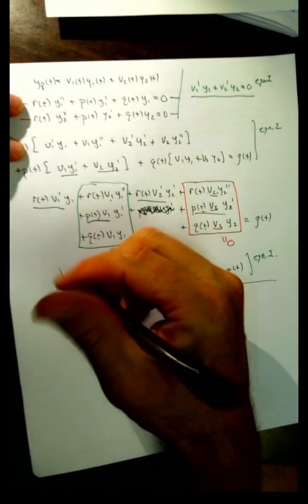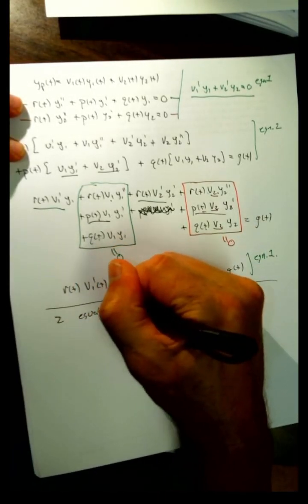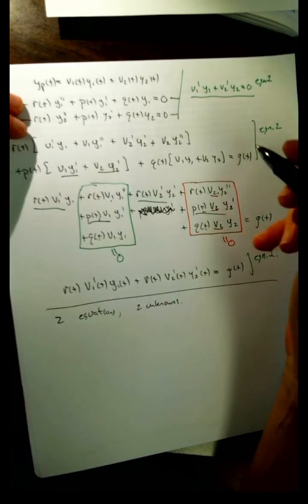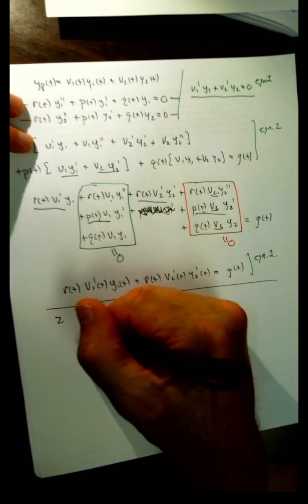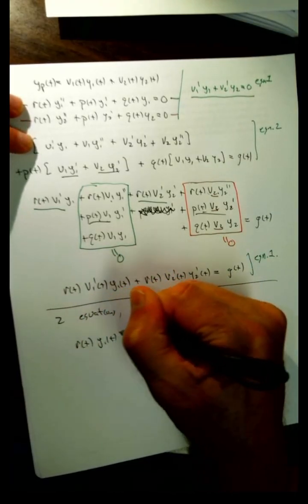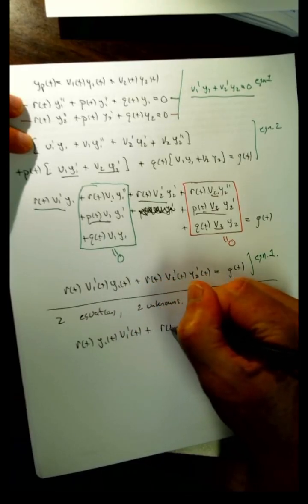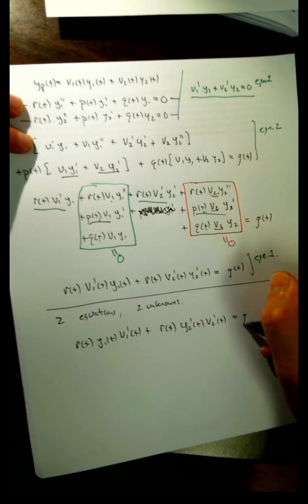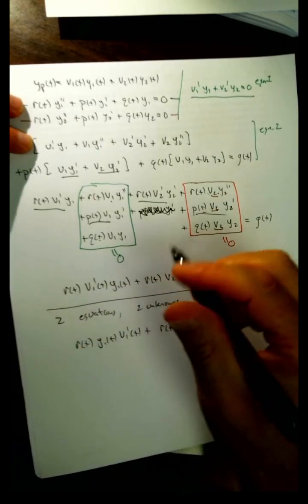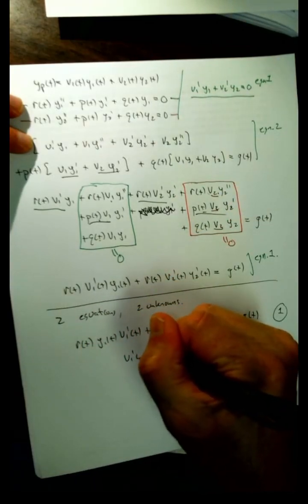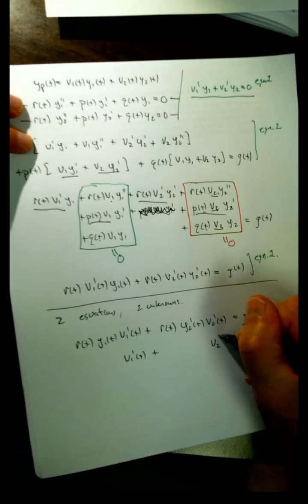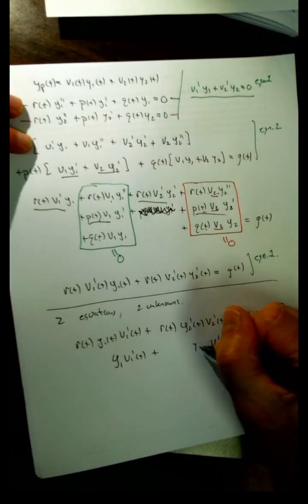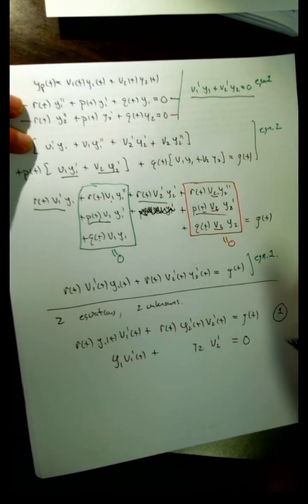So I now have 2 equations, 2 unknowns. My first equation is r of t y1 times v1 prime plus r of t y2 prime times v2 prime equals g of t. And then the second equation is y1 v1 prime plus y2 v2 prime is 0.